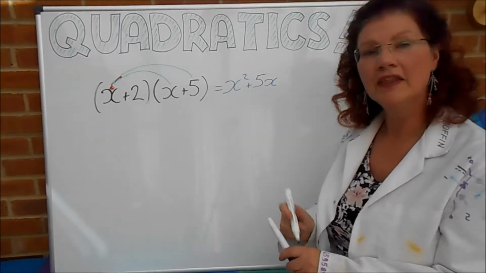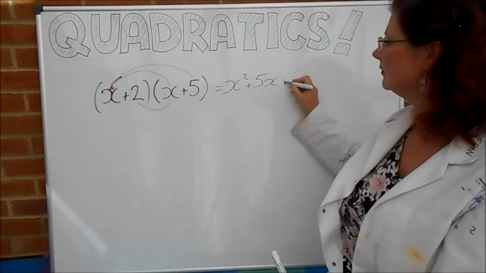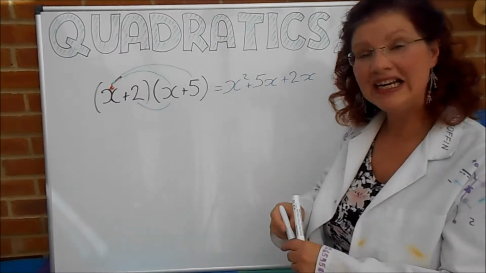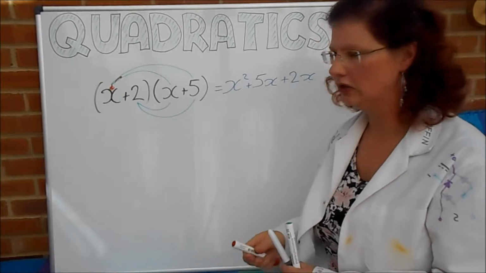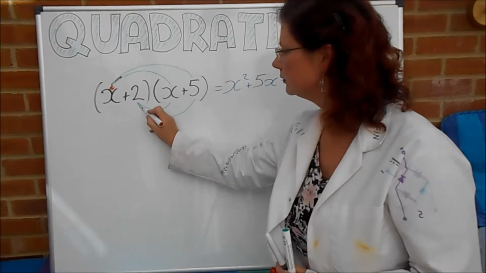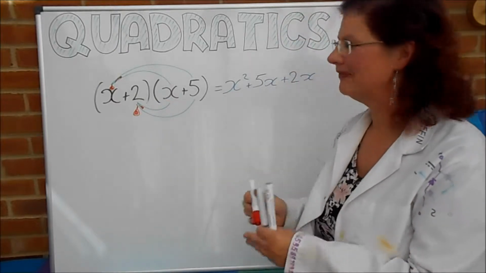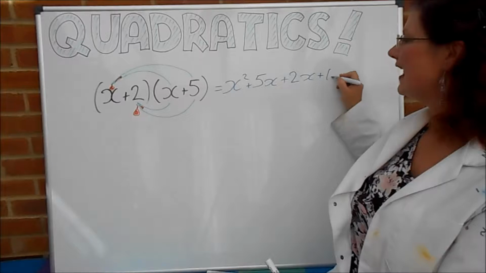5x. Then the inside two, that's the 2 times the x. And finally the last two, and there's another one of those dragon claws. So we've got a 2 times a 5, 10.